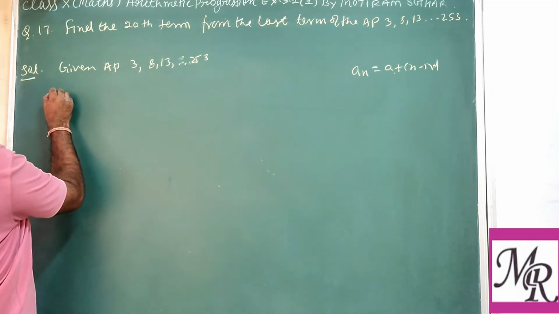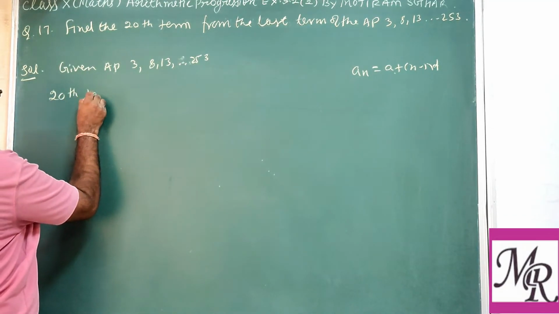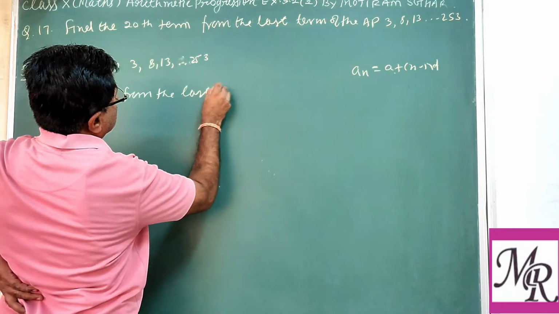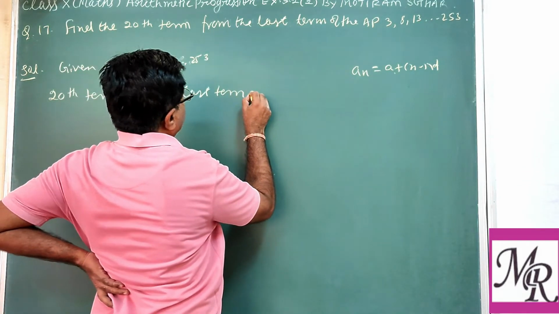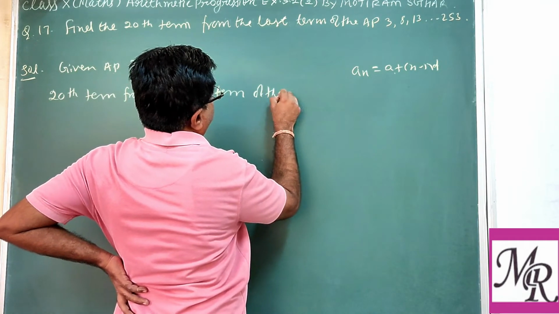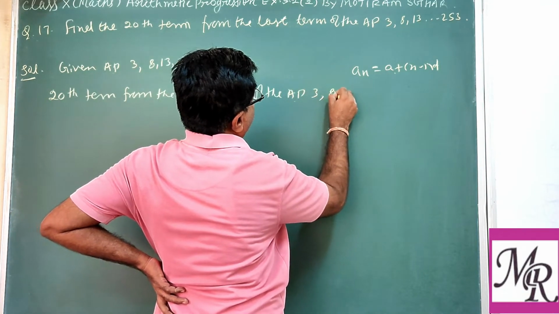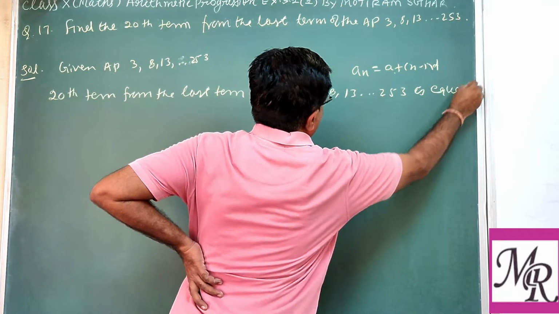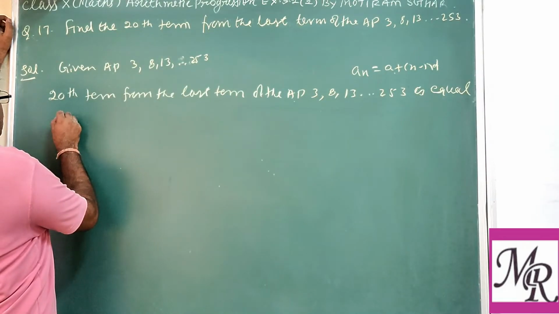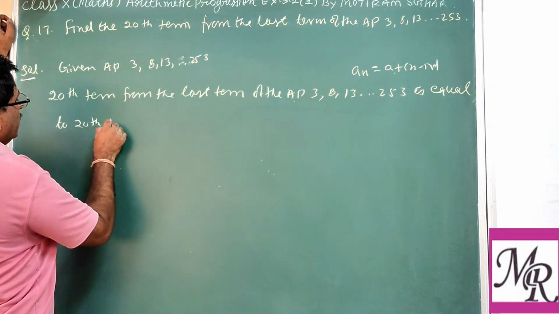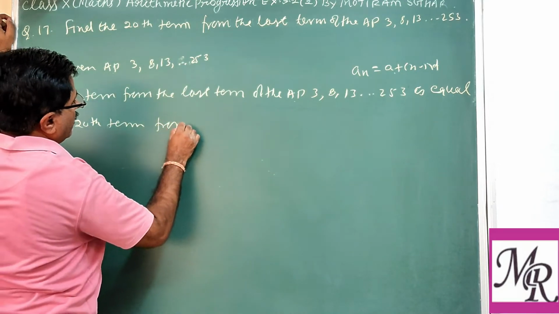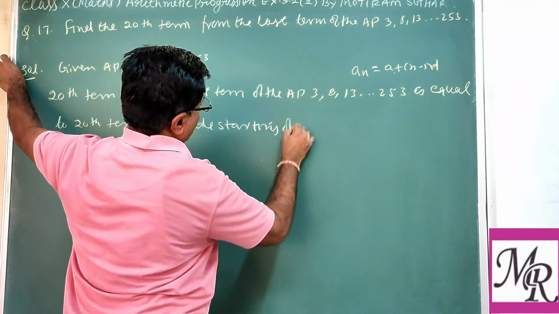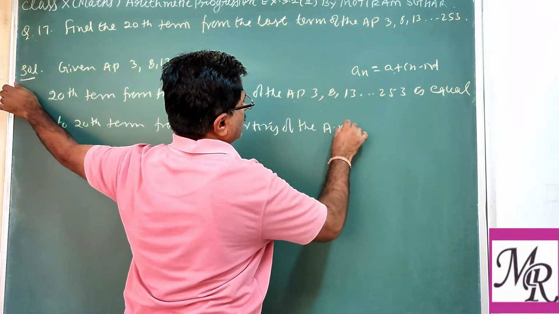So the 20th term from the last term of the AP 3, 8, 13 up to 253 is equal to the 20th term from the starting of the AP.